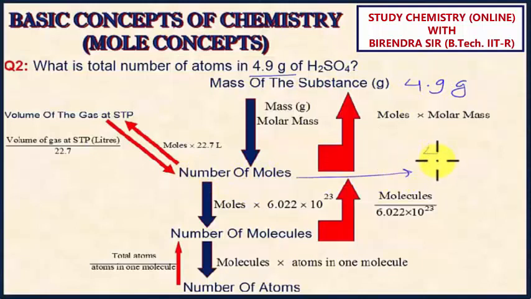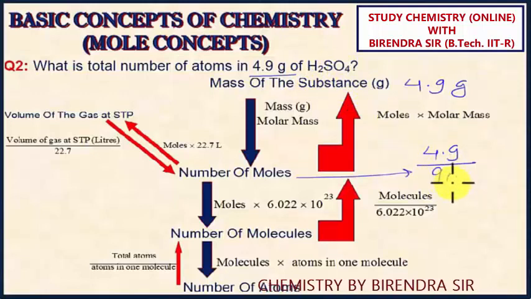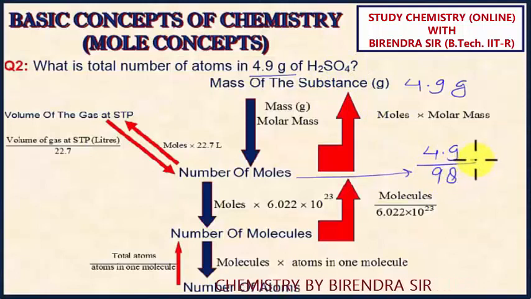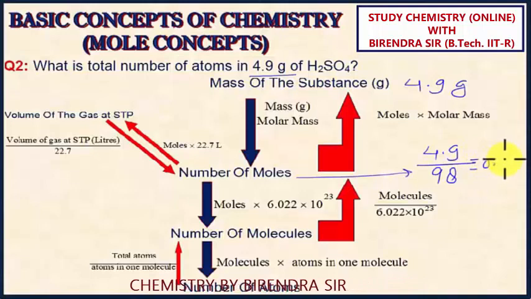Now first I'll find the number of moles. The number of moles will be 4.9 upon the molar mass of H2SO4, which is 2 plus 32 plus 64, and that comes as 98, and the value comes as 0.05.